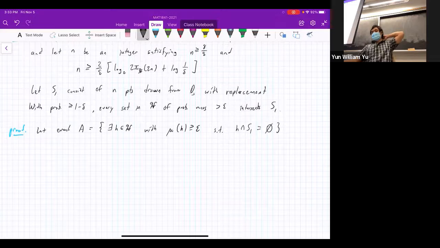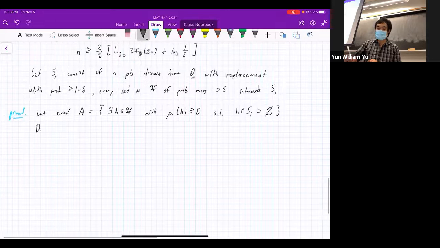So what do we mean by that? This is the event that you have some big set in H that does not intersect the set of n points that you've drawn from D. Ideally, we're going to show a bound on the probability of this event.